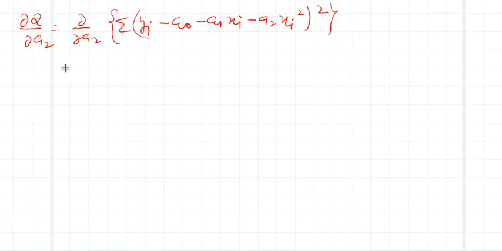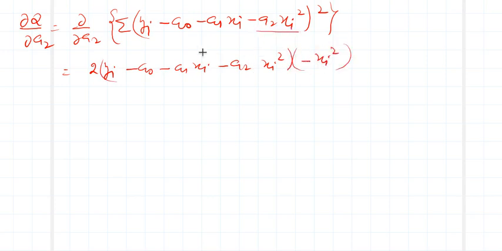If I take its derivative, it is 2 times yi minus a naught minus a1 xi minus a2 xi square, into minus xi square, right? The rest will be 0. I just simply applied the chain rule, so there is no need to talk about it in more detail.